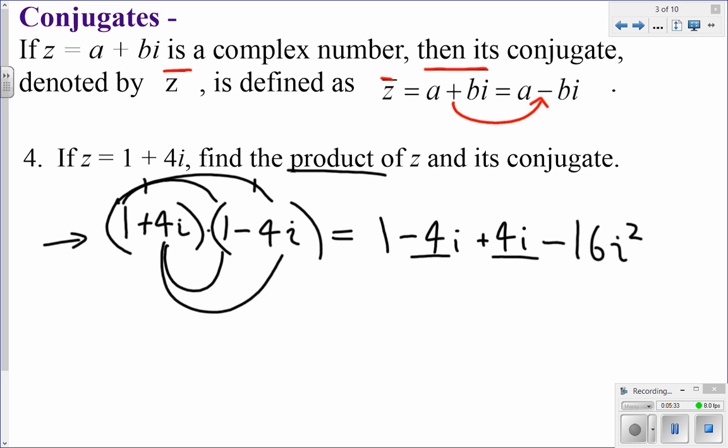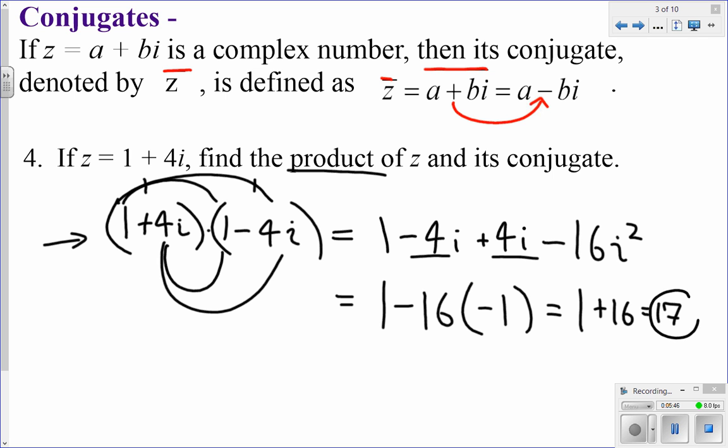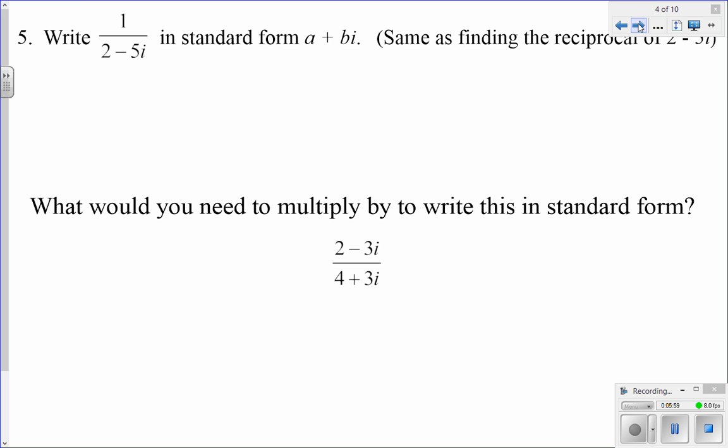Well, middle terms drop out. I get 1 minus 16i squared, which is negative 1. So this simplifies to 1 plus 16, and it's equal to 17. So that is the product of z times z bar. We get a number that's no longer complex. It's a real number.